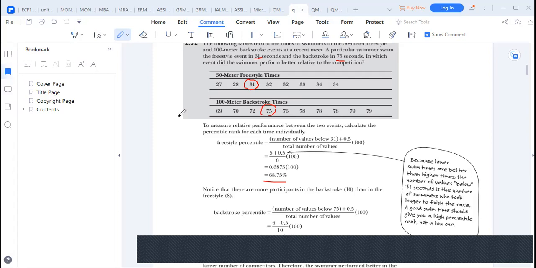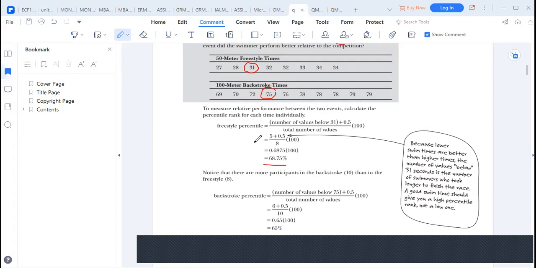So in the backstroke of 10, the numbers that are below 75, we have 1, 2, 3. Then 4, 5.